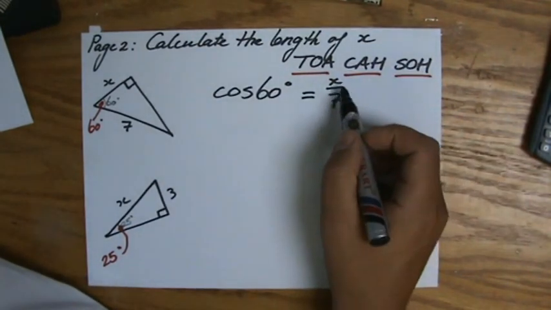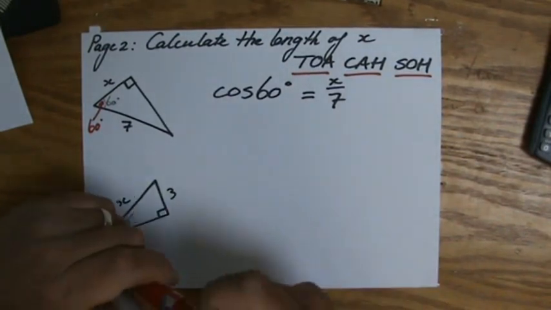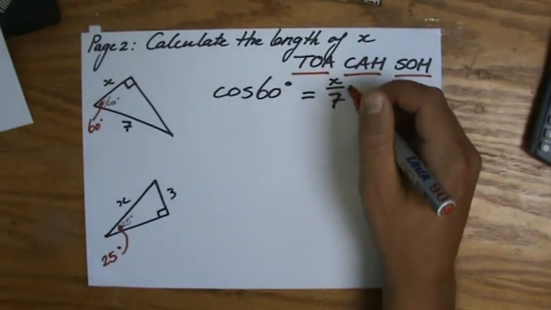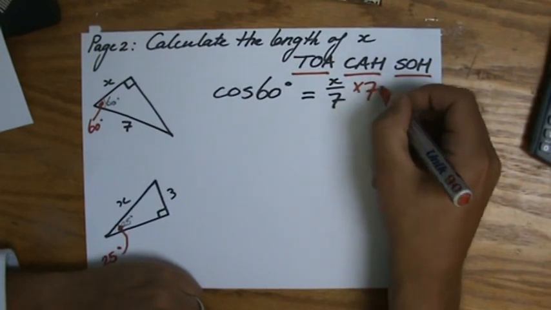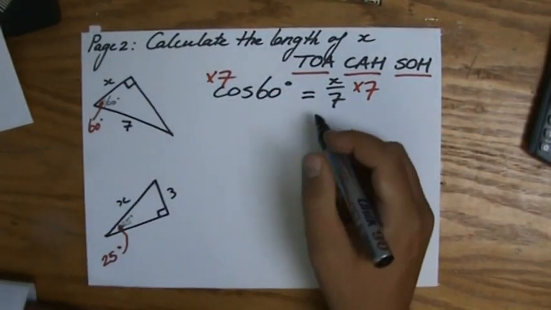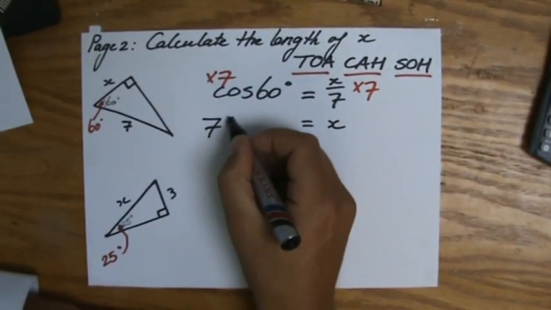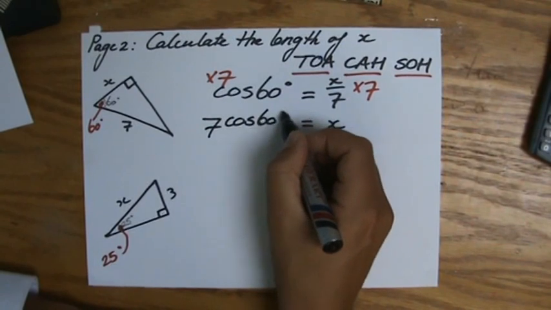Anyway, rearrange the formula. So what is the value of x? Times both sides by 7. Let's do that. I had to get rid of that fraction. All right, what do we get? Well, x on this side and 7 times the cosine of 60 degrees.